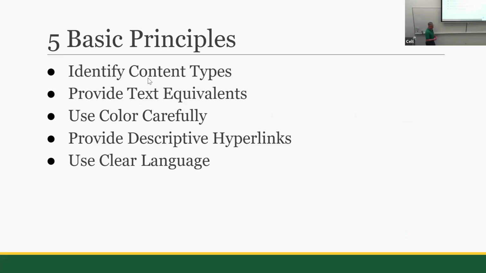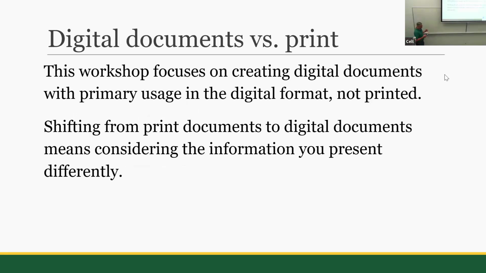This really deals with our 5 basic principles of accessibility that we've talked about over and over and over and over, which are identify your content types, provide text equivalents, use color carefully, provide descriptive hyperlinks, and use clear language, use plain language. All right. And as we go through the document as an example, we'll show how all of these work and how all of these relate. But let's look at some things in general.